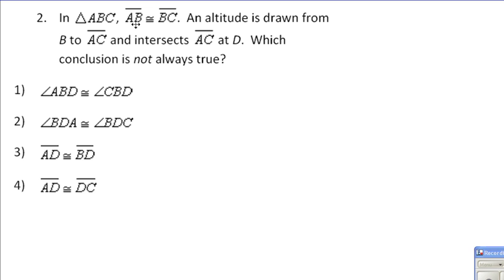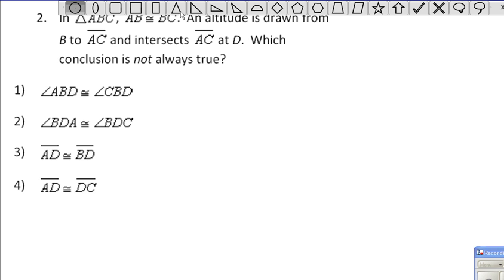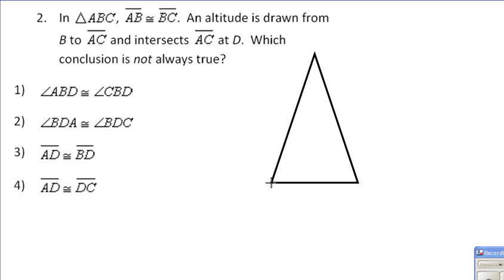In the triangle ABC, I guess it would be great if you draw the picture. So here, since AB is congruent to BC, I have drawn the isosceles triangle, and B is the point that's common, so I put them into the vertex, and this is equal to A and C in this way, where these two sides are equal to each other.